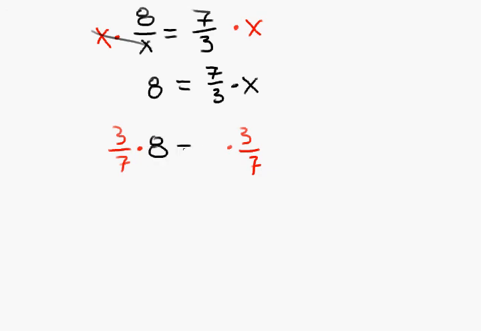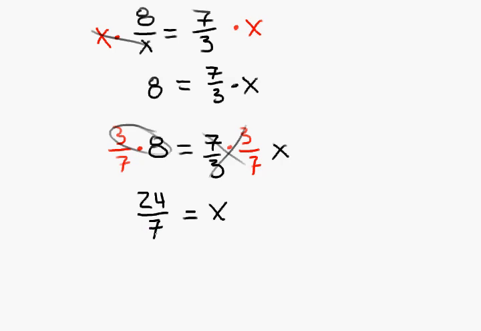These cancel, the right-hand side becomes just x, and we'll multiply 3 by 8 and get 24 divided by 7. That's it for section 4.3. Thanks.